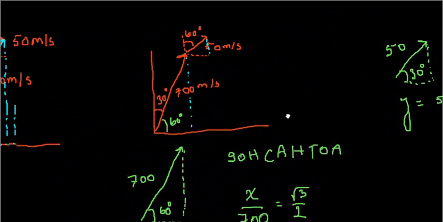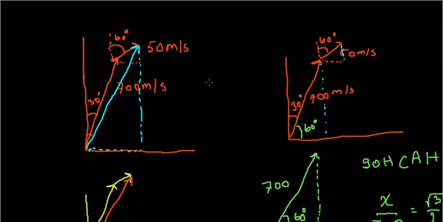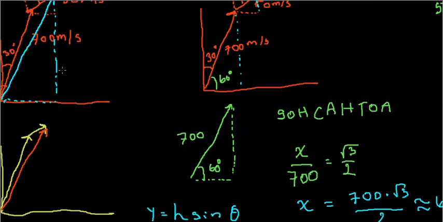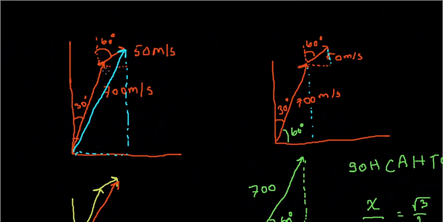That if we have a wind going 60 meters east of north, that means that if we add up how north it's going, it will be 631.2 meters per second.